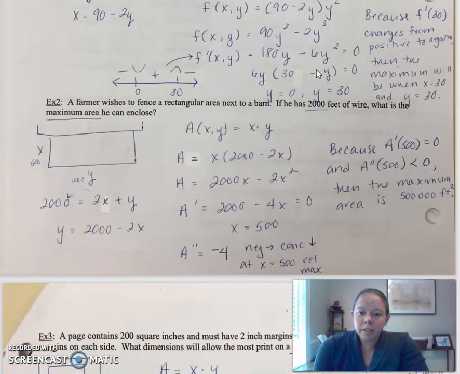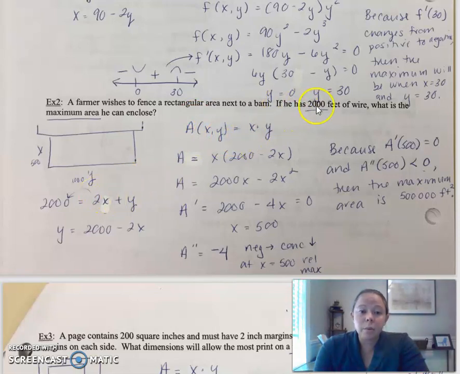Let's try another one. So a farmer wishes to use a fence, rectangular area next to a barn. If he has 2,000 feet of wire, what is the maximum area he can enclose? Okay, so maximum area he can enclose. That's what I'm trying to maximize, is the area of that rectangular fence right there. But again, we have 2 different variables we need to substitute.